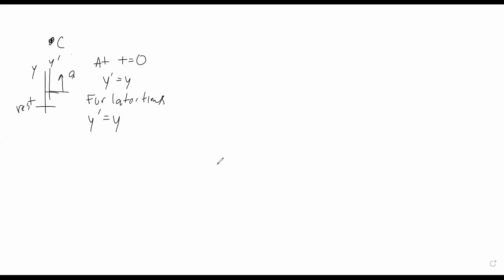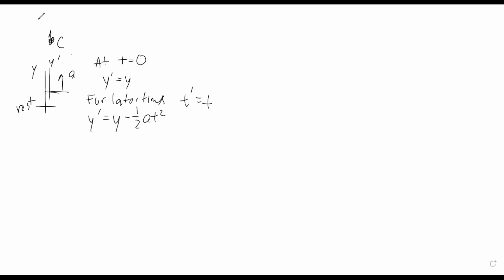And so that is actually going to be y minus 1/2 a t squared. Okay, the times are always equal. Everyone agrees on time in these two reference frames. But what they disagree on is the locations. And this 1/2 a t squared is the amount by which their measurements of position disagree.